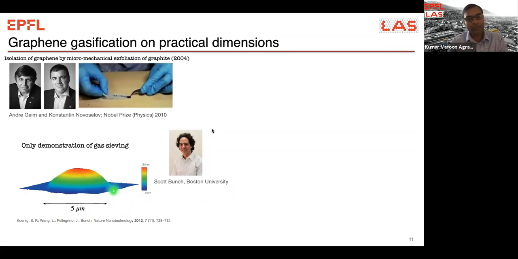Then he found a way to inflate graphene by filling gas in the chamber, and he simply looked at the deflation rate of this chamber as a function of what gas he fills inside. This was an innovative way of looking at transport rate by deflation of this graphene balloon, right?